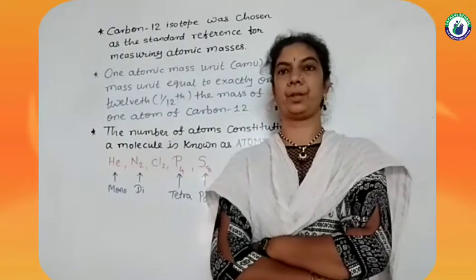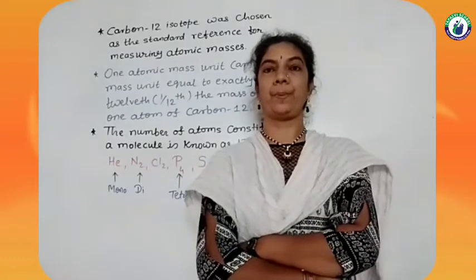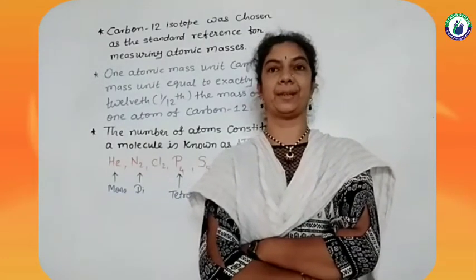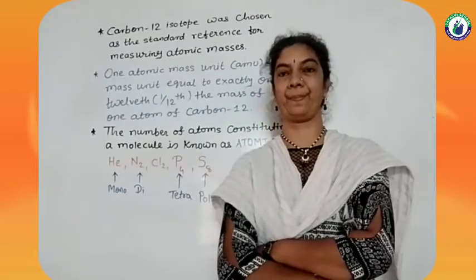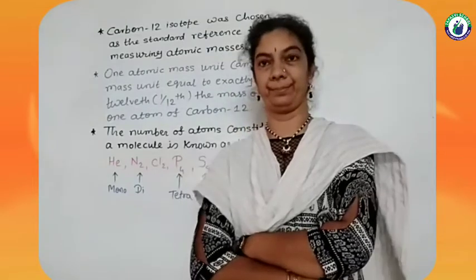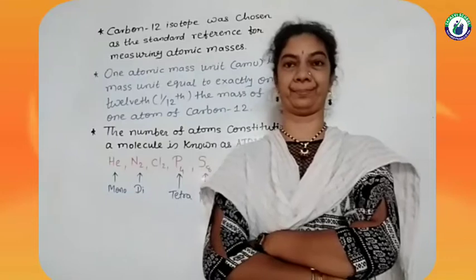After the discussion of what an atom is, the next topic is a difficult task for scientists: how to find the mass of an atom, which is not visible to the naked eye.